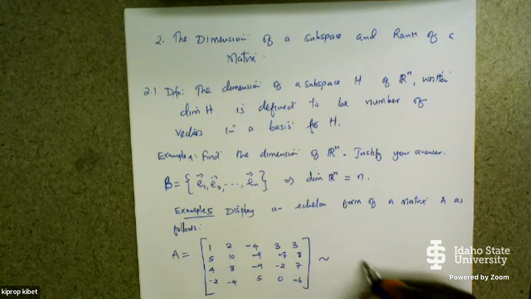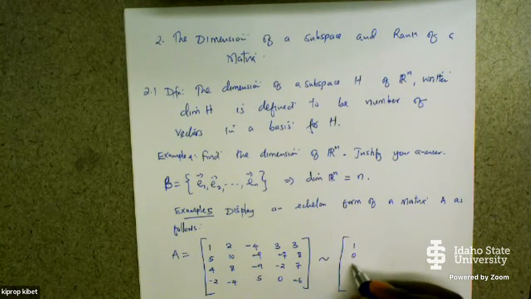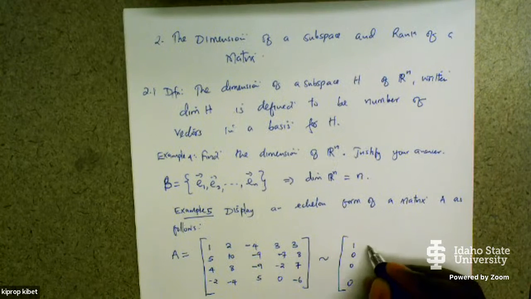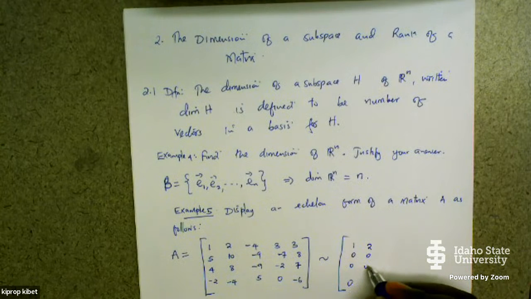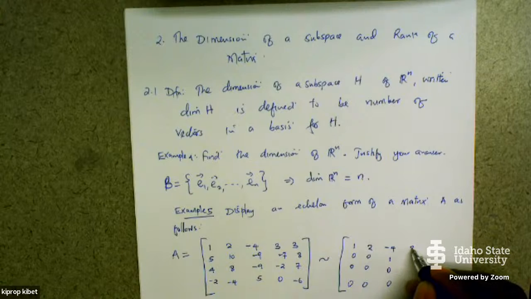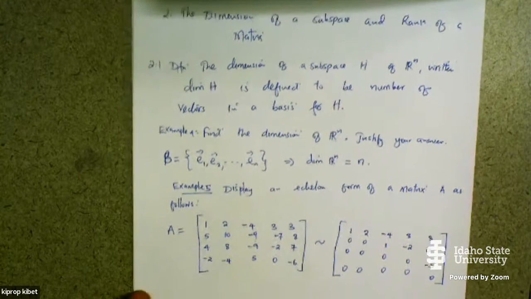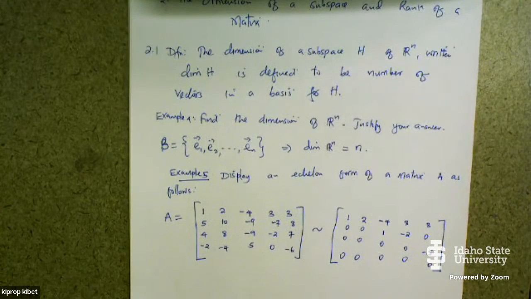So our echelon form, which we get, is 1, 0, 0, 0; 2, 0, 0, 0; minus 4, 1, 0, 0; 3, minus 2, 0, 0; 3, 0, minus 5, and 0. So that is our echelon form.